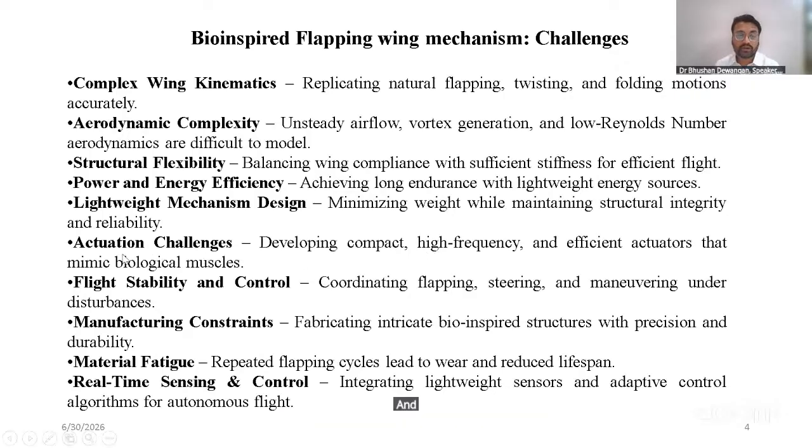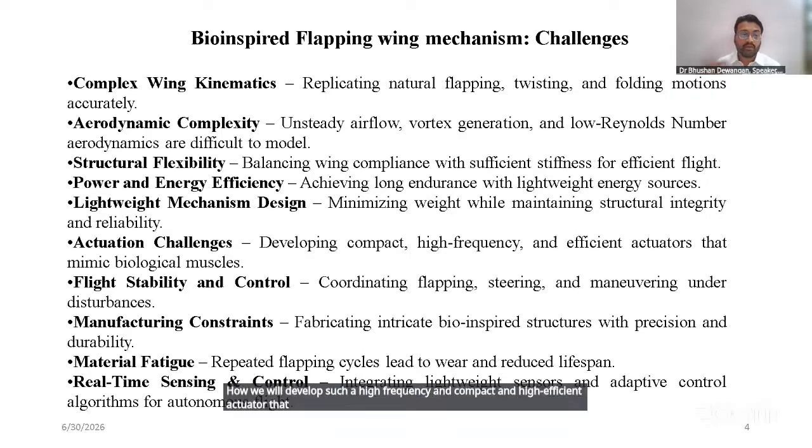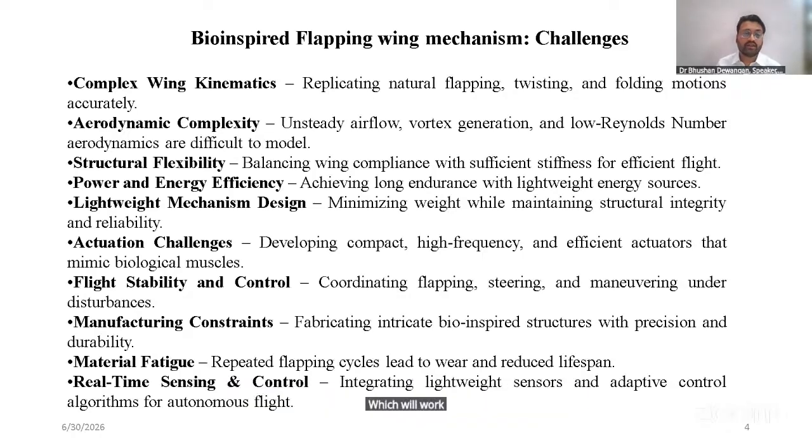Another important point is actuation challenges: how we will develop a high-frequency, compact, highly efficient actuator that can mimic biological motion and work in a cluttered environment. This is a very important point. Then flight stability and control. Having a stabilized system is another topic.